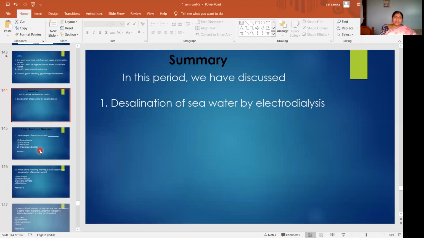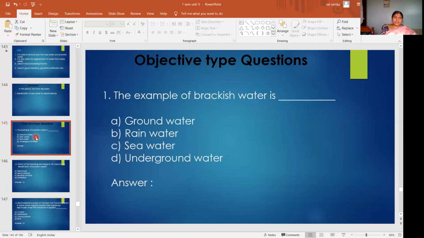Okay. Then next come to the objective type questions. What type of objective questions do you expect from this topic? It is a very simple topic, so you get very direct questions. The example of brackish water is: brackish water has some amount of salts, more than fresh water.